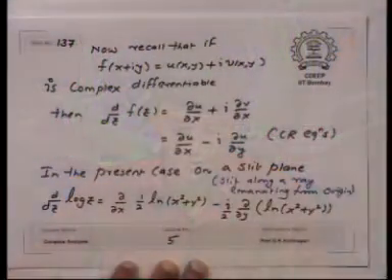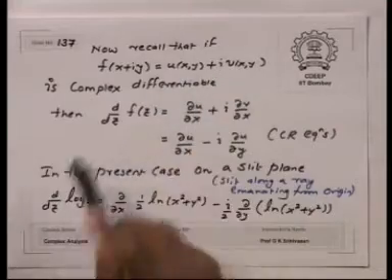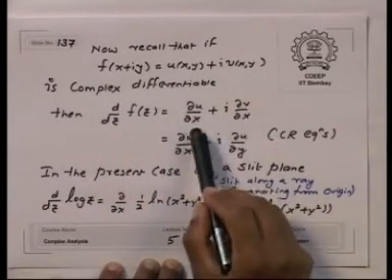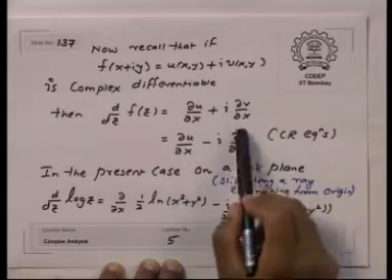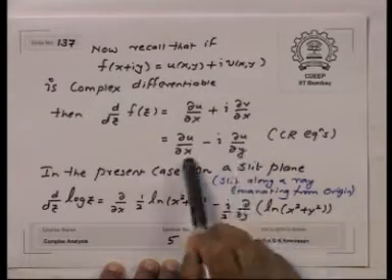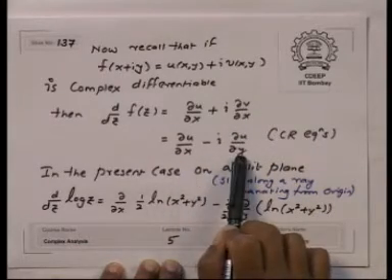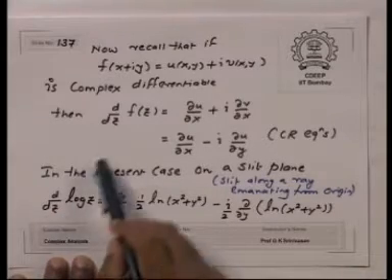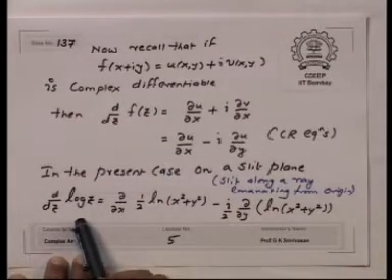Recall that if f equal to u plus iv is complex differentiable, then the derivative of f is u sub x plus i v sub x, but v sub x is minus u sub y. So I can use the u alone and calculate the derivative. In the present case, I am interested in f of z equal to log z.